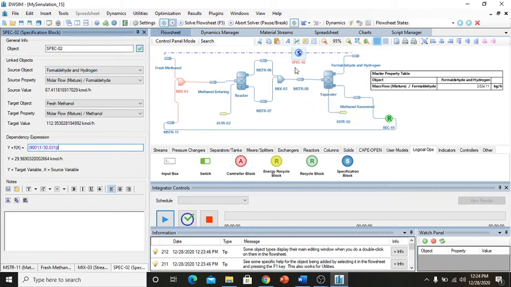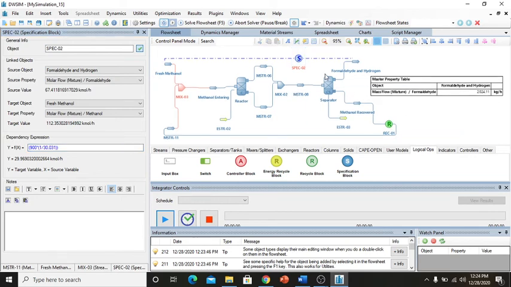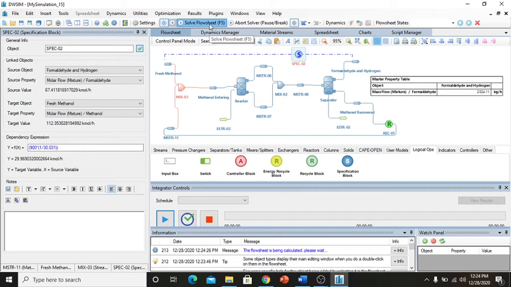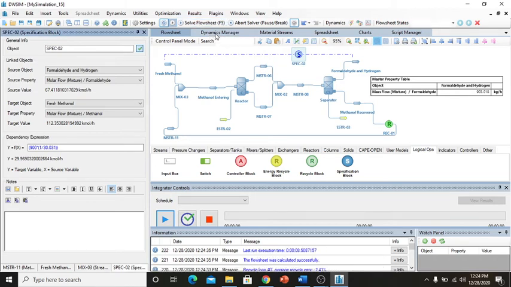Okay, so now let's try solving the flowsheet. Now in our formaldehyde and hydrogen stream, it contains 903.018 kilograms per hour of formaldehyde. That is close to 900 kilograms per hour.